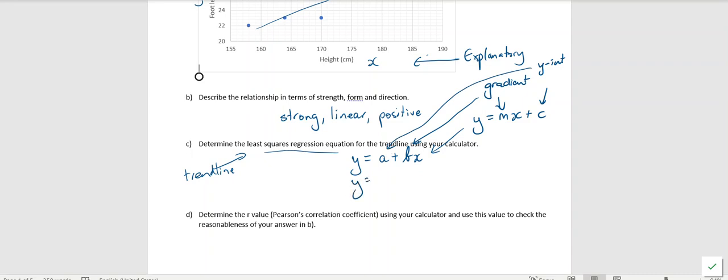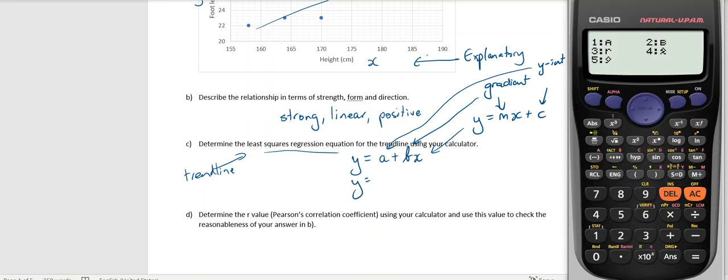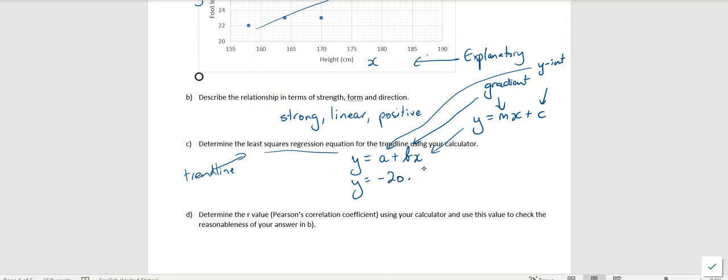So we can write the equation for this data by pressing 1, which gives us negative 20.2869, dot, dot, dot, it keeps on going, plus B. Now B we can find as well.